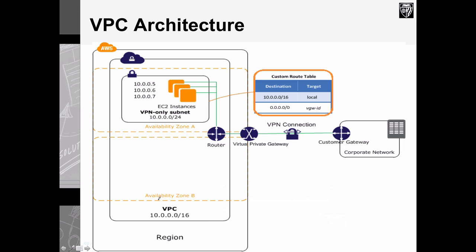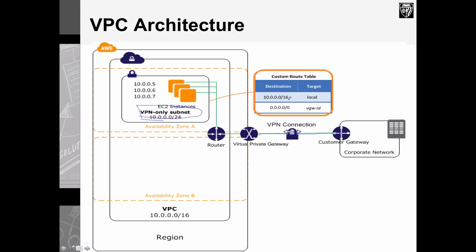Now, what does the routing table look like for this connection? If you look at the routing table for this subnet, this is called a VPN only subnet because this is not a public subnet, this is not a private subnet, and the only way for the instances in this subnet to talk to the internet is through this secure VPN connection.